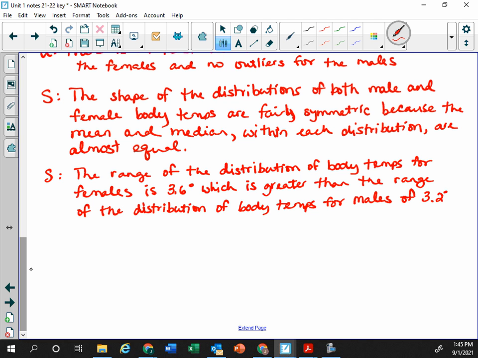All right, let's do a little bit of work on your calculator now to make sure you guys know how to make some of these distributions on your calculator. So go ahead and get out your calculator. And we're going to use some data from your packet here.